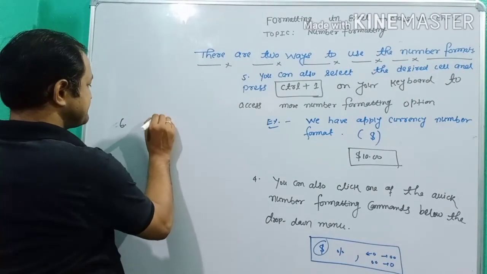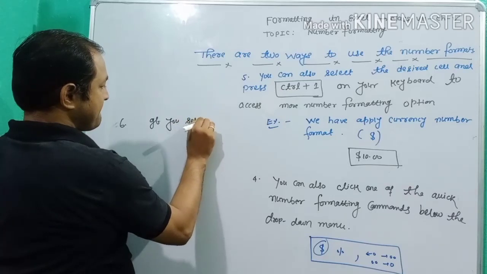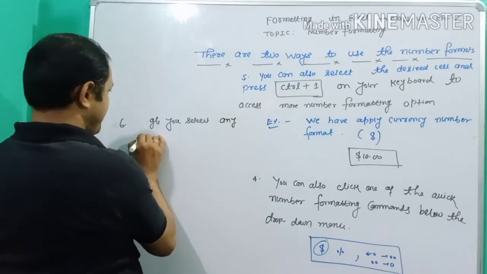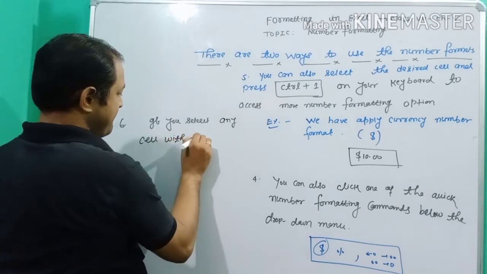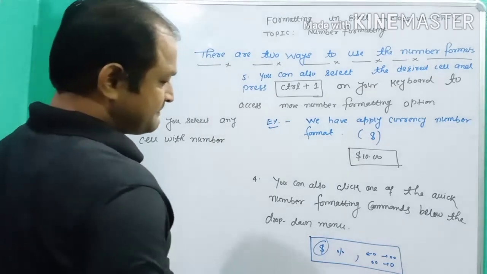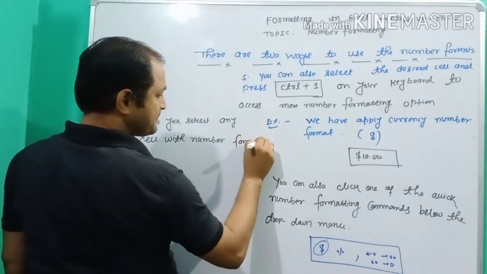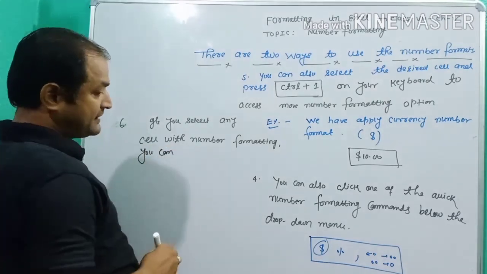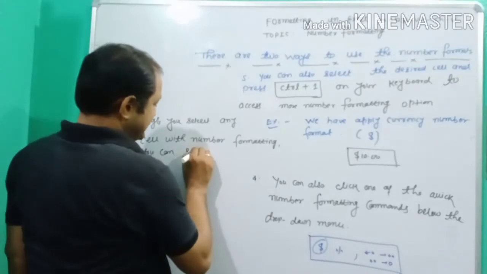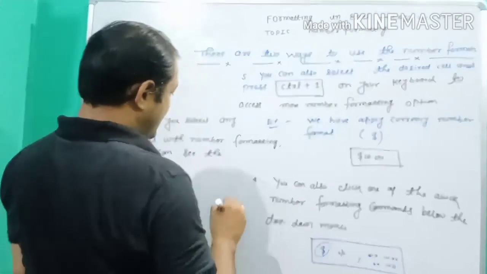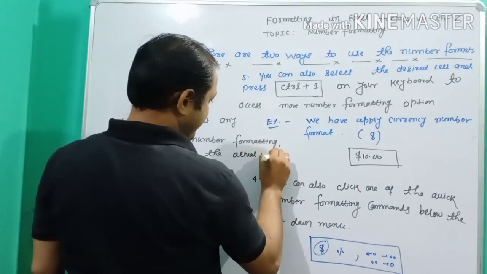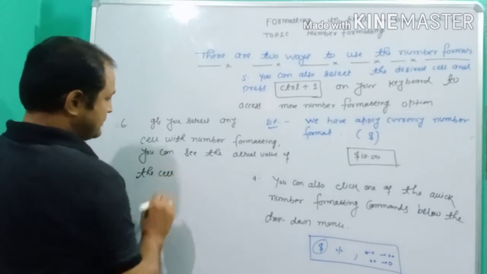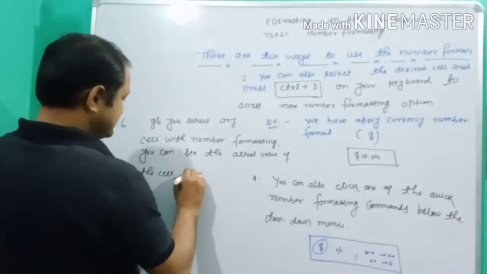If you select any cell with number formatting, you can see the actual value of the cell in the formula bar.